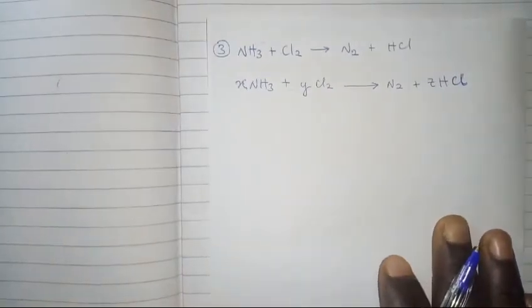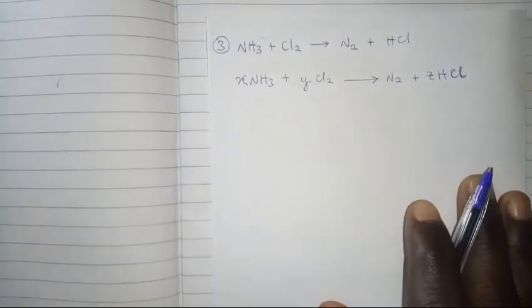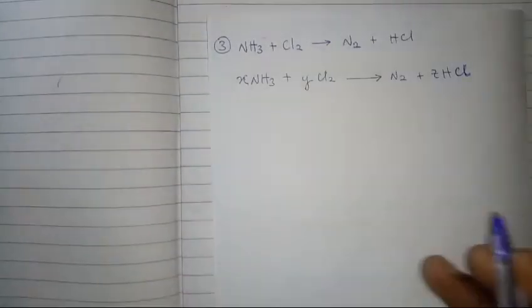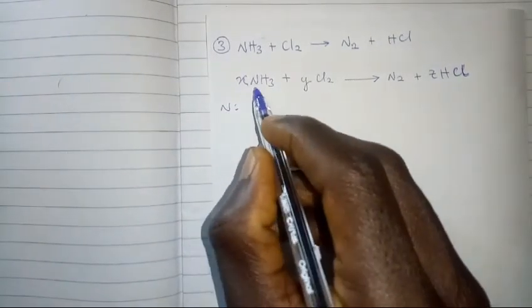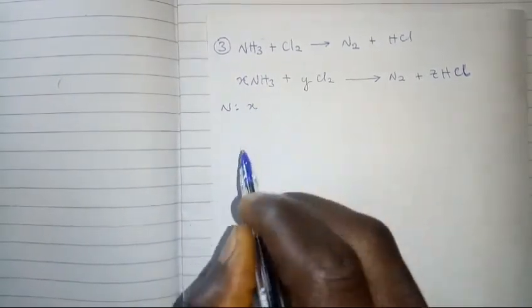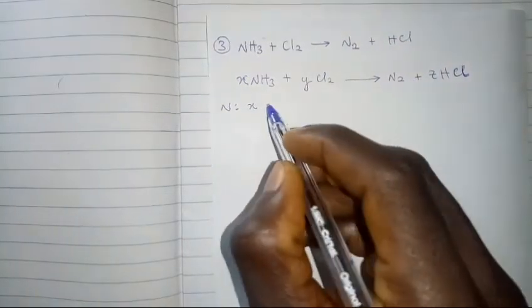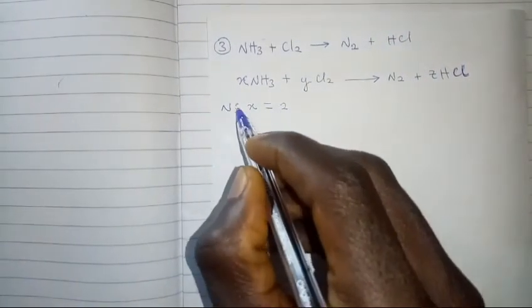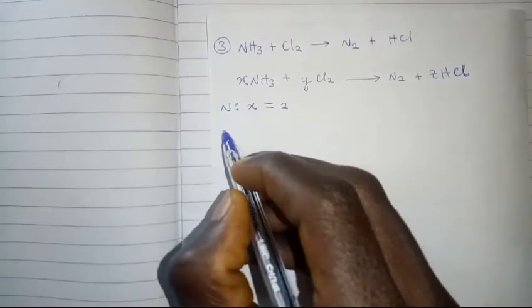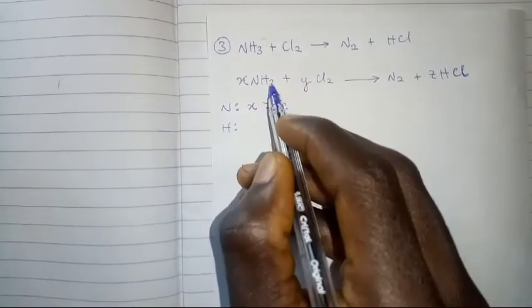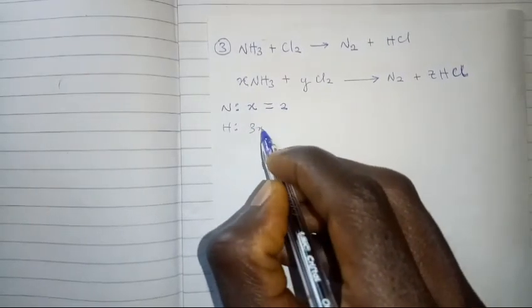So now let's form our simultaneous equations from here. For nitrogen, on the left hand side, we have 1 multiplied by X. So that is X atoms of nitrogen. Then on this side, we have 2. So already we know what our X is. Our X is equal to 2. But then for hydrogen, we have 3 multiplied by X, which is 3X.